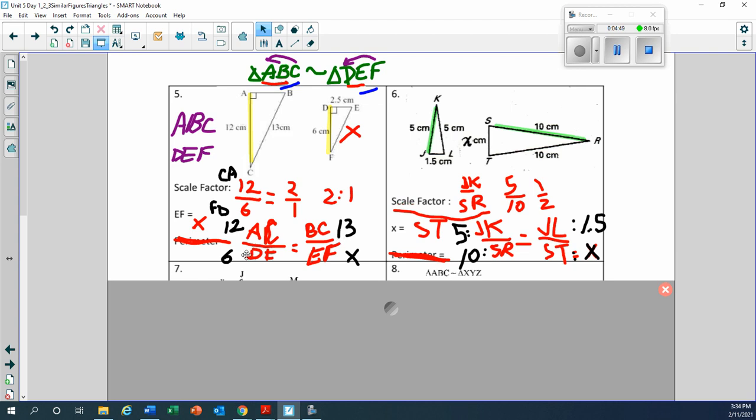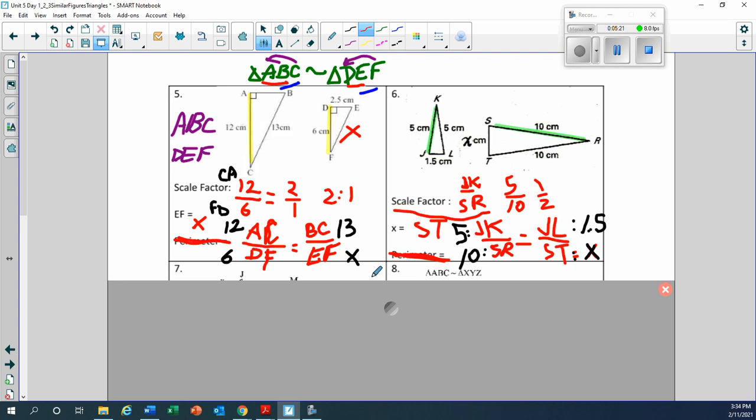And then for the other part of our proportion, you have to use the same triangle. We know that AC, we're going to use CA, 12, over DF, and we know DF is going to be 6 for this problem. Let me make that F more visible. So now we have the proportion 12 over 6 equals 13 over x.